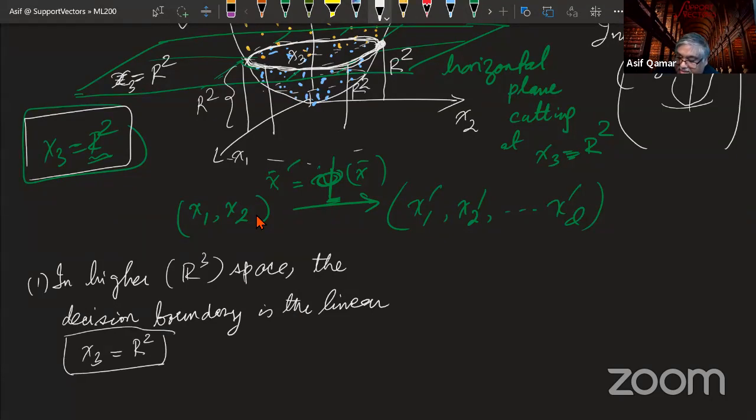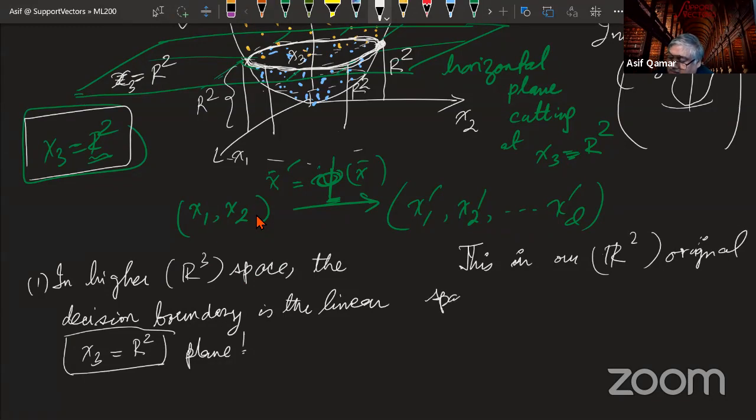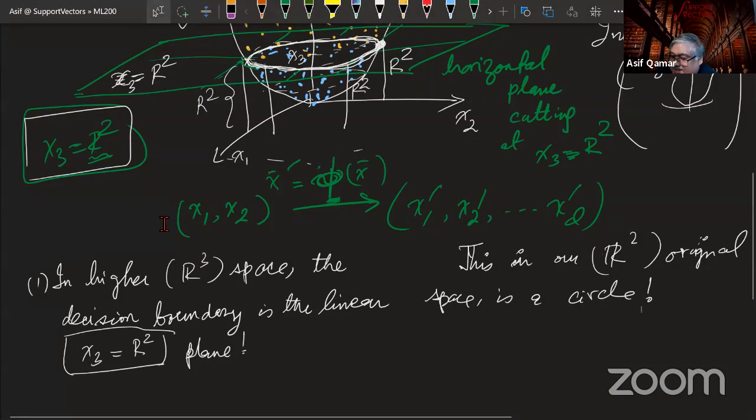It is this plane, isn't it? And in our R2 original space, it is a circle, isn't it, guys? And you can literally see that happen.